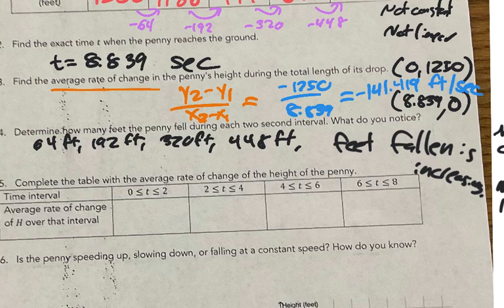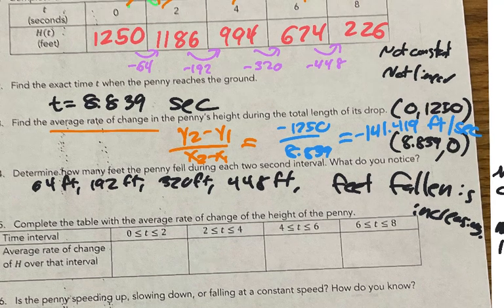How much did the y's change between 0 and 2? Negative 64. That's the change in y. How much did the x's change by between 0 and 2? So this is negative 64 over 2, which is negative 32 feet per second.